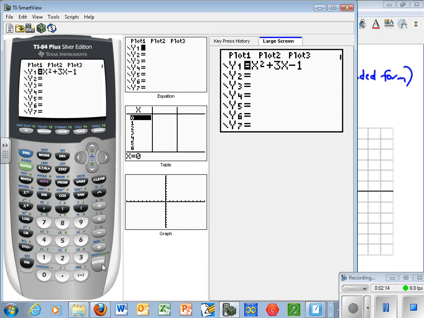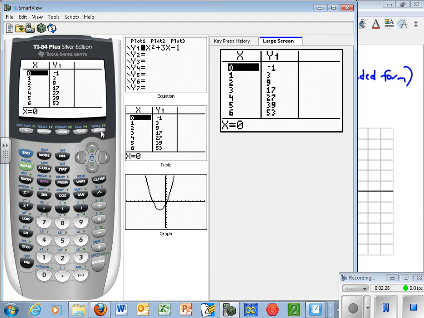And then let's hit enter. Now to get to your table, notice table is above the graph key. I'm going to go second, table.